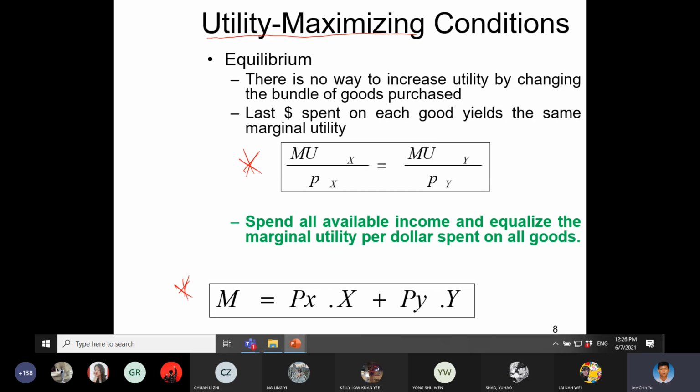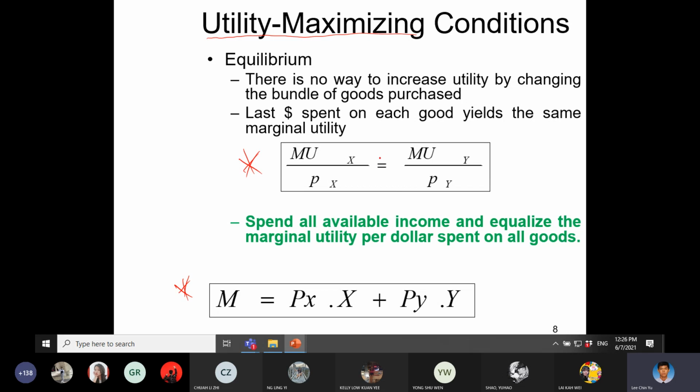Especially when you are consuming more than one good, meaning you're consuming good X and Y, or maybe good X, Y, Z. Then we need to understand. Over here, normally we use marginal utility over the price. Why do we need to divide by the price?